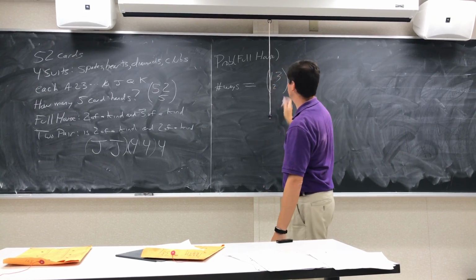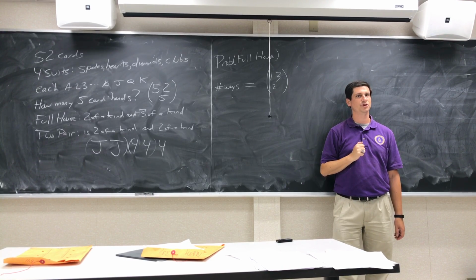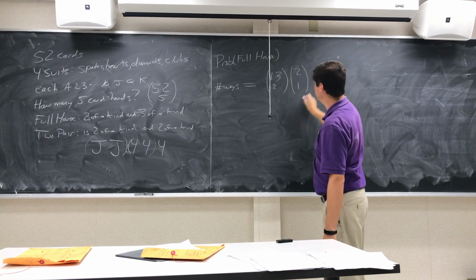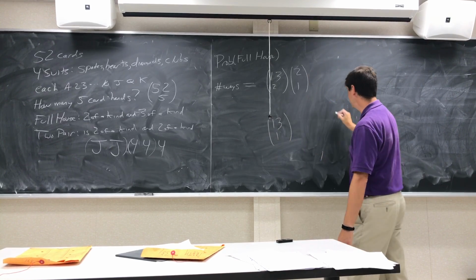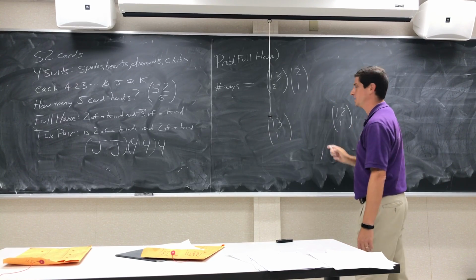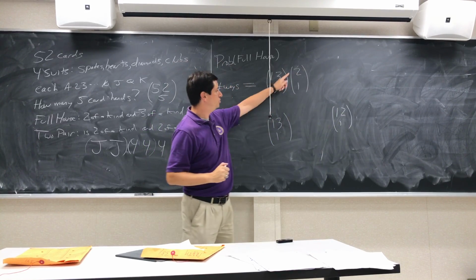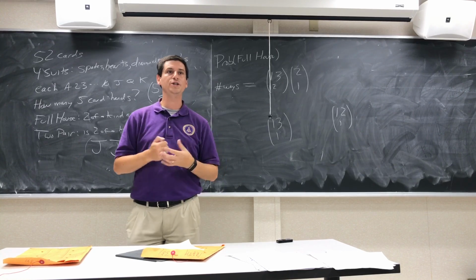And then how many ways are there to choose which one of them is the one that occurs 3 times and which one occurs twice? 2 choose 1. Another way of doing it is I have 13 ways to choose the first suit, and then later I'll have 12 ways to choose the second suit. And what's going to really happen is this 2 choose 1 is going to cancel the 2 factorial there. There's lots of ways of doing this.